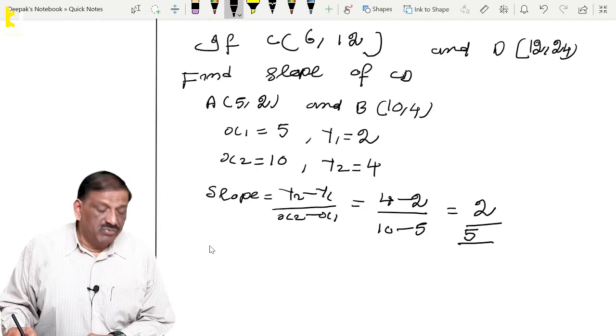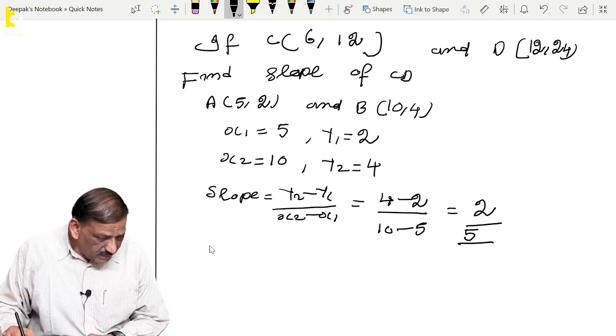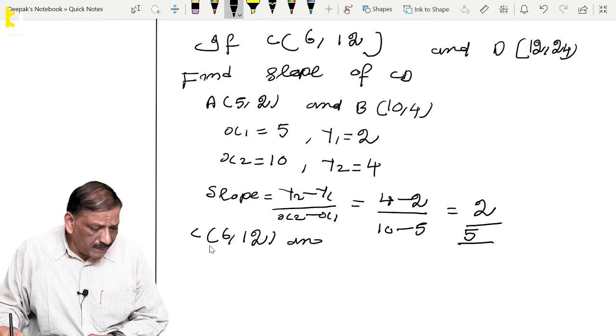So, we can also find out the slope of CD. C is (6, 12) and D is (12, 24).